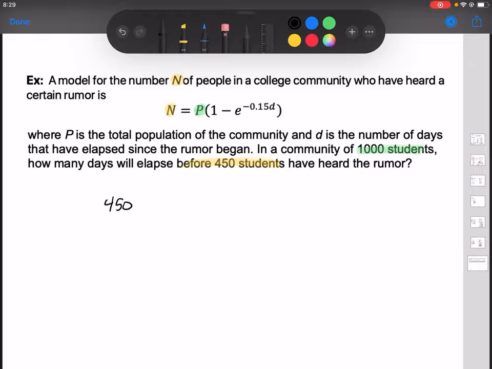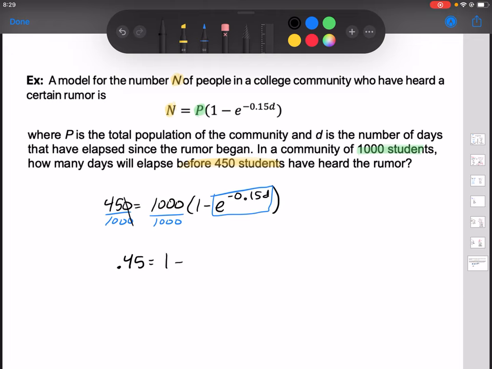So I've got 450 equals 1,000 times 1 minus e to the negative 0.15 d. Let's work our magic. So we do have to get the base and exponent alone first. So first thing I need to do is divide by 1,000. And that's just 0.45 equals 1 minus e to the negative 0.15 d.